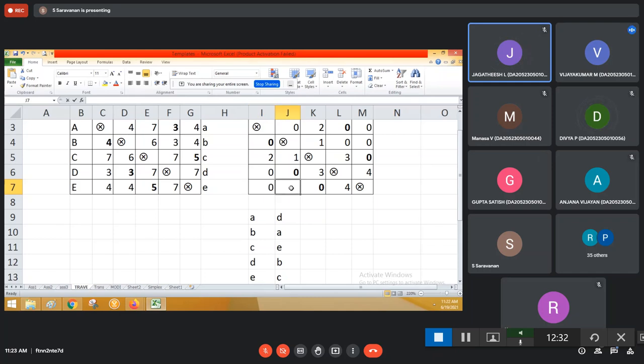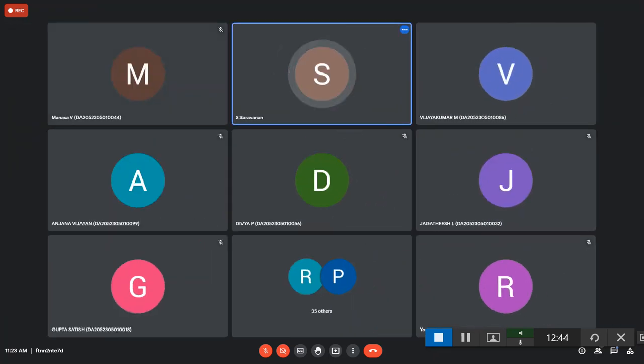So now I'm going to start with 1 instead of 0. There are two 1s in this problem, in the second row and also in the third row.